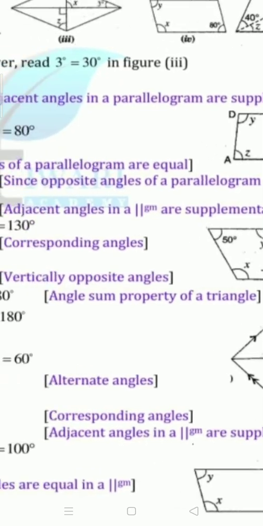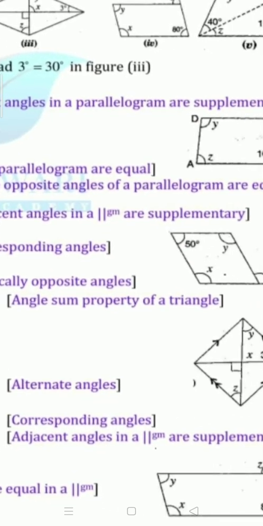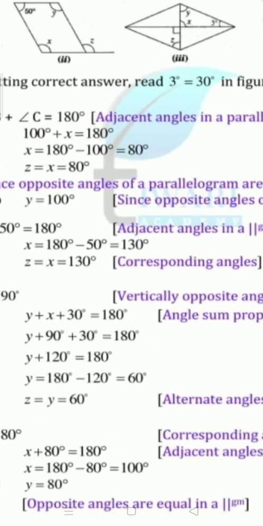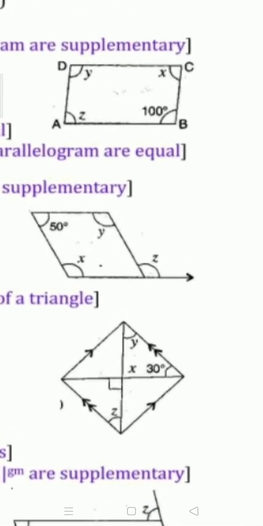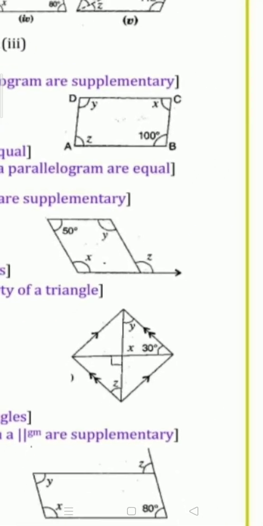Very good. Now there is one more over here, z. How are we going to find z? Now kids, you remember the corresponding angles. If you take these two parallel lines and this big arrow line as a transversal, x and z are corresponding angles, and corresponding angles are equal.